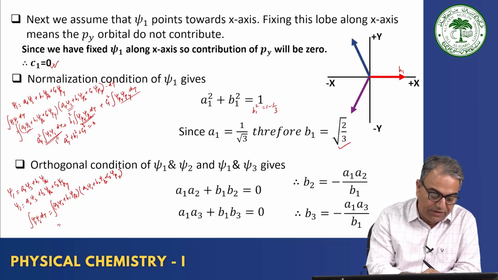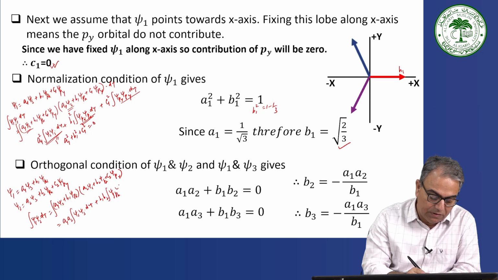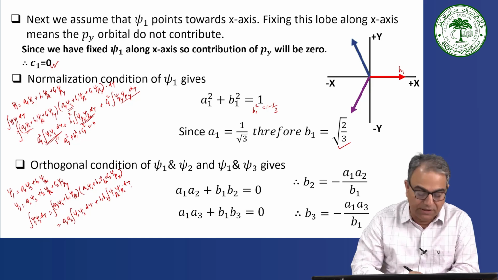So a1 and a2 will multiply, a1 a2 integral of psi s squared d tau. Then b1 and b2 will multiply, plus b1 b2 integral of psi px squared d tau.